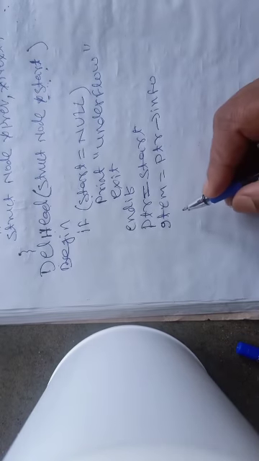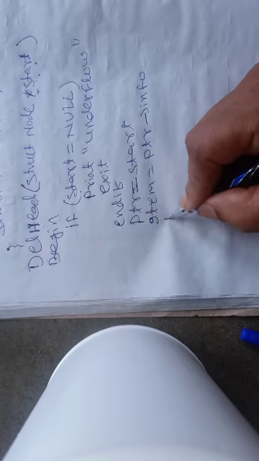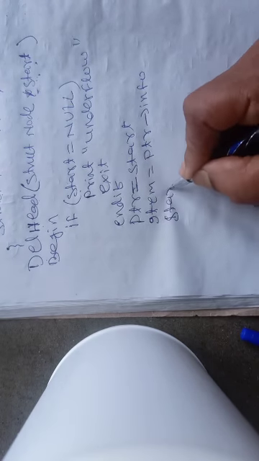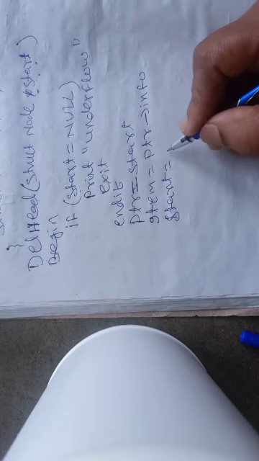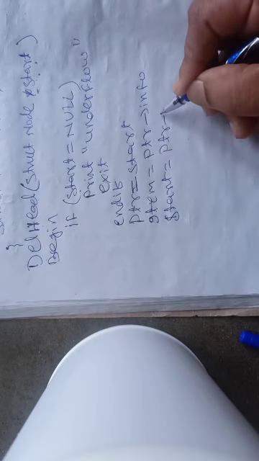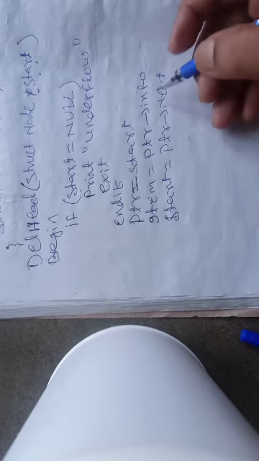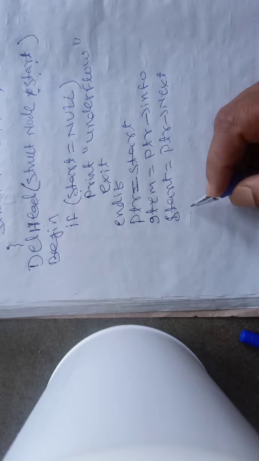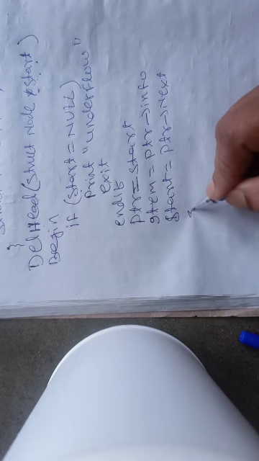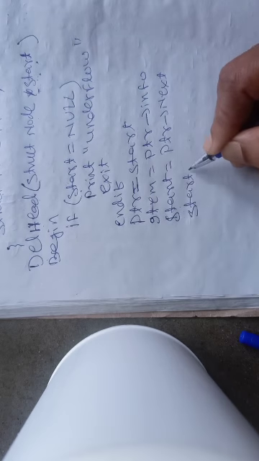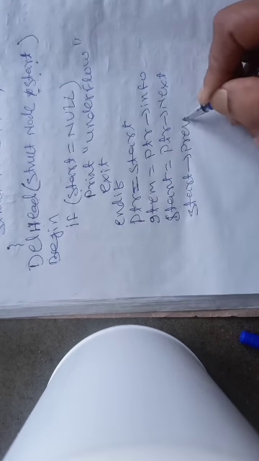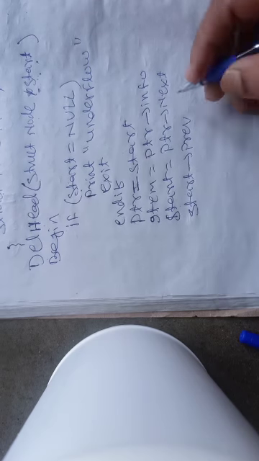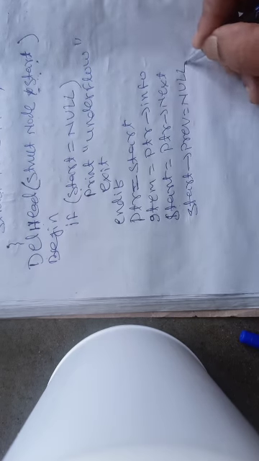So I can write start equals ptr of next. ptr is my first node and its next means the second node. The address of the second node is now stored in start. Then I write start previous, the previous field of the new start node, should contain null.